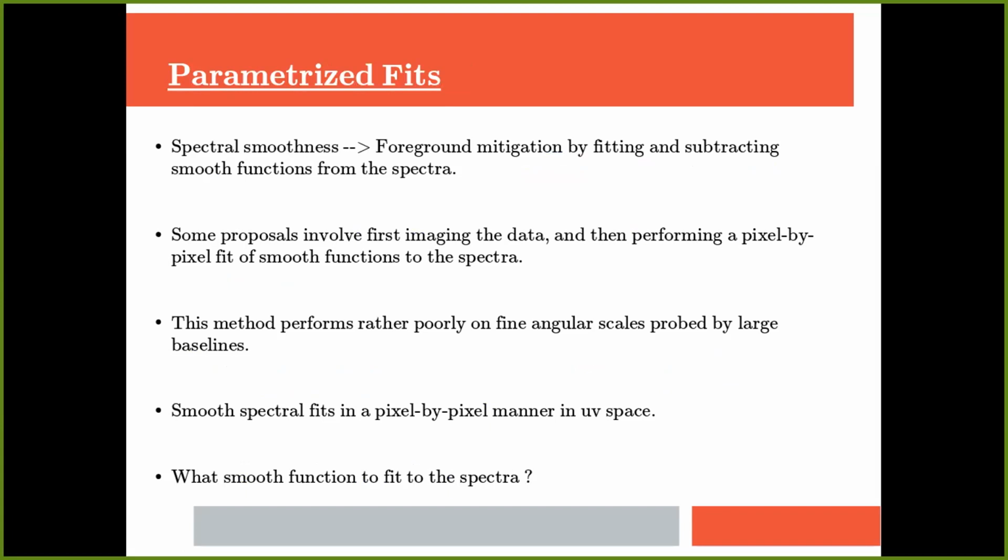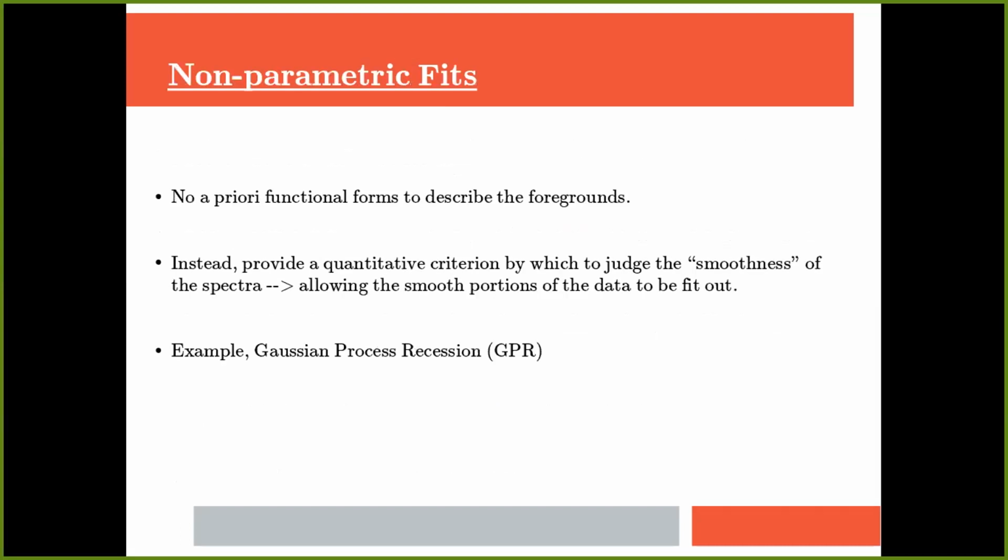This is one section of the foreground fittings, known as the parametrized ones. In non-parametric fits, there are no a priori functional forms to describe the foregrounds. Instead, they provide a quantitative criterion by which to judge the smoothness of the spectra, and then they allow the smooth portions of the data to be fit out.